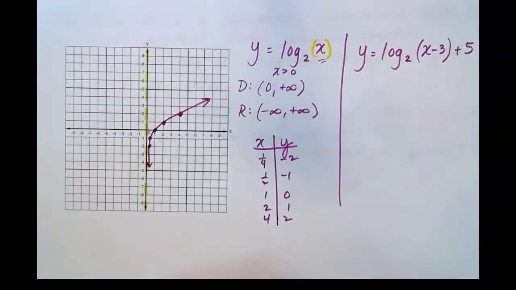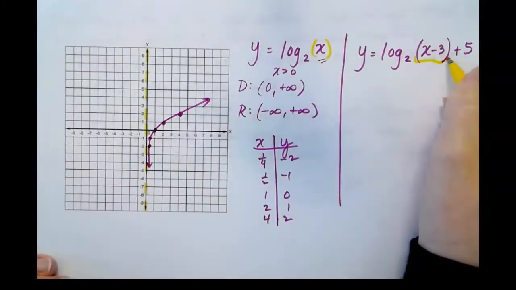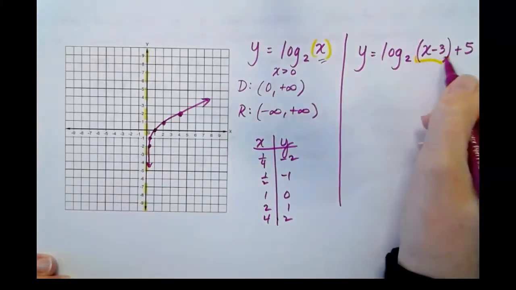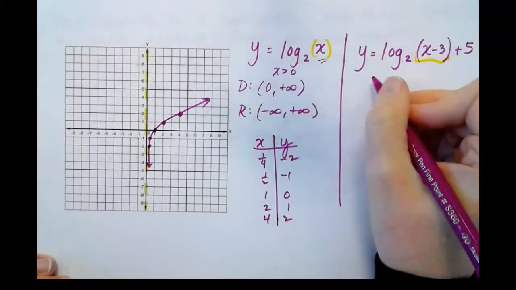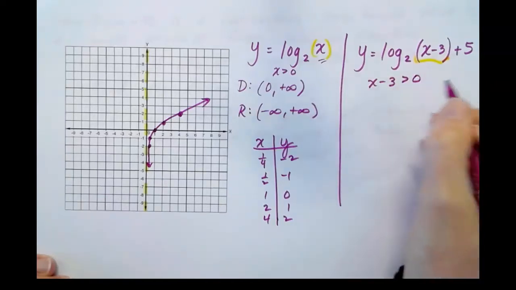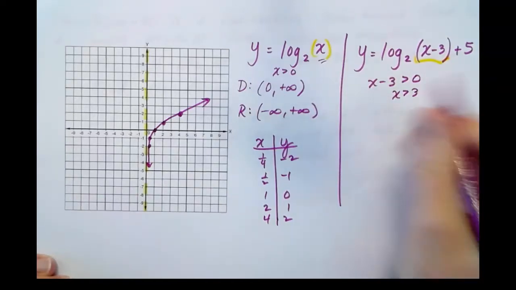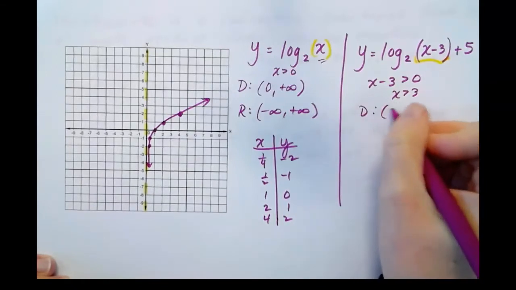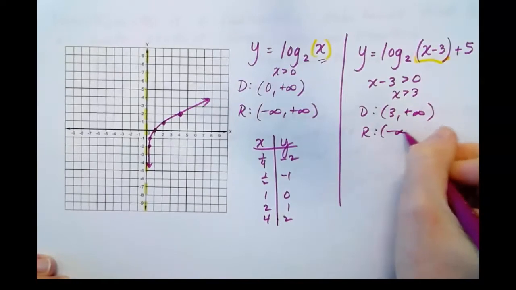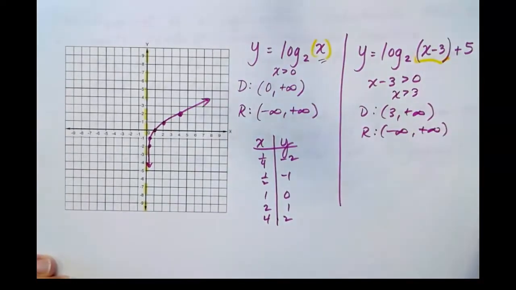Now, to the other side, take this quantity, whatever it is that's inside of the parentheses, that is the argument of the logarithm, set it greater than, strictly greater than 0. X must be greater than 3, so our domain is 3 and everything bigger. The range is still all real numbers here.